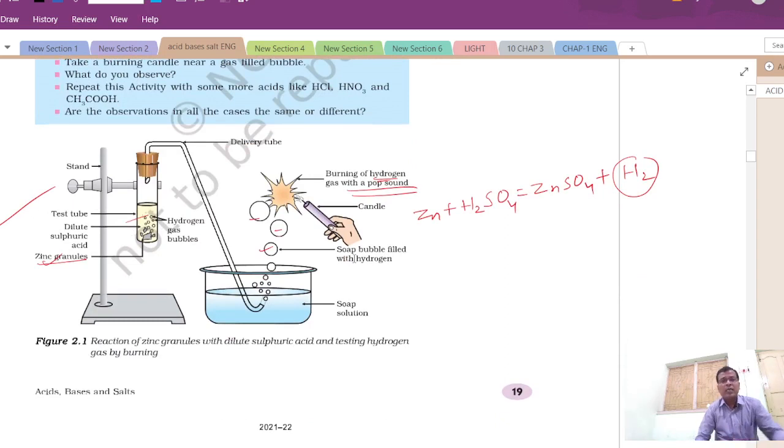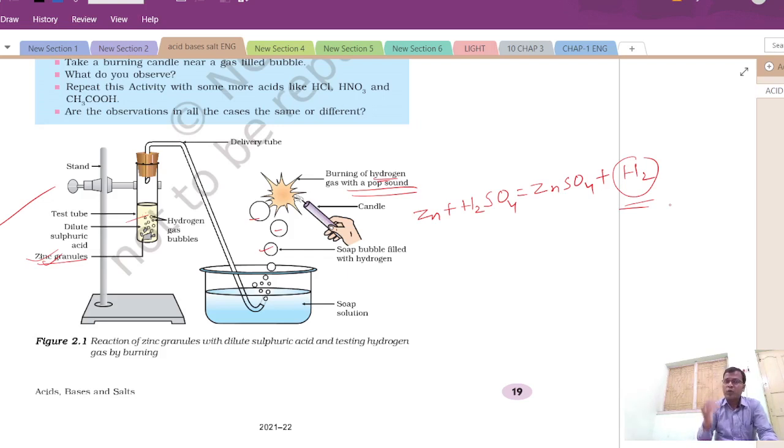You can see here sulfuric acid. When sulfuric acid reacts with a metal, then hydrogen gas is formed. You will learn more about this in your chapter on metals and non-metals, where the reactions of different metals are given, and you will easily tell which of the following metals will liberate hydrogen from an acid.